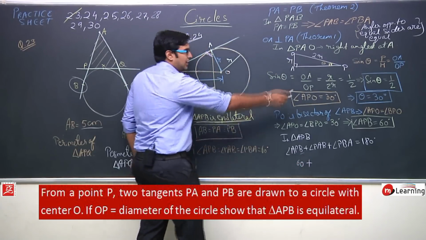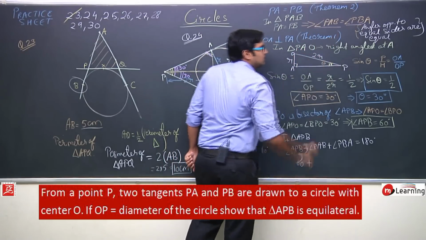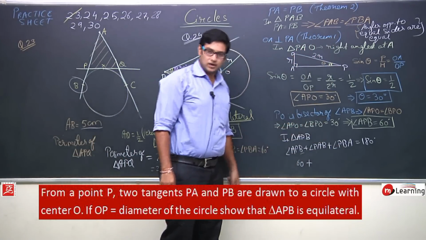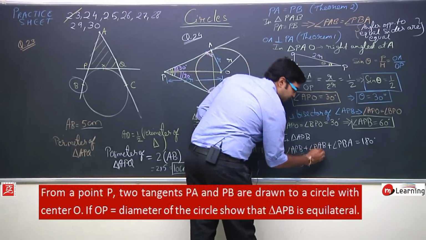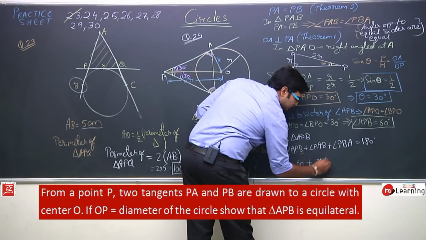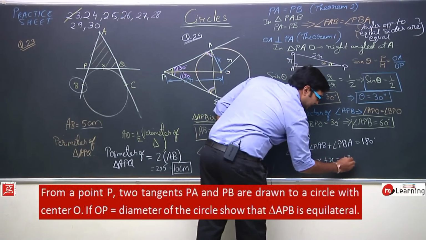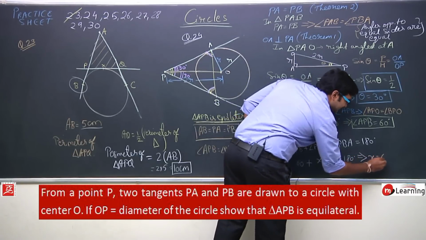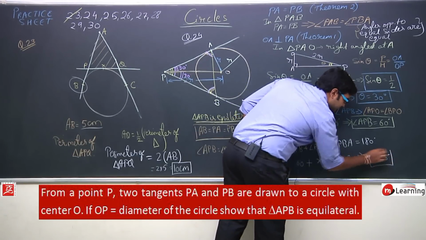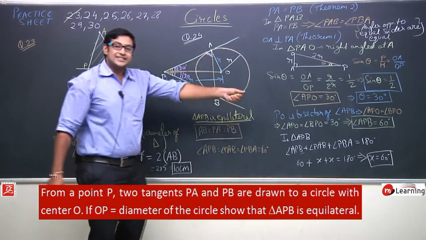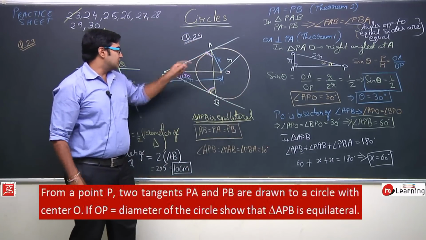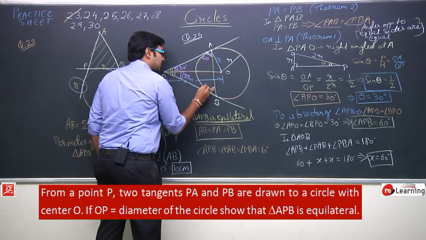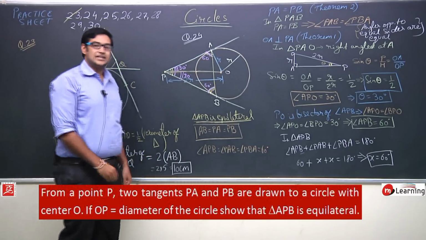Plus you have PAB equal to PBA. You have these two angles equal. So if this angle is x, this angle is also x, and the sum is 180 degrees. It implies x is equal to 60 degrees. So now if x is equal to 60, this particular angle is also 60 degrees and this particular angle is also 60 degrees.